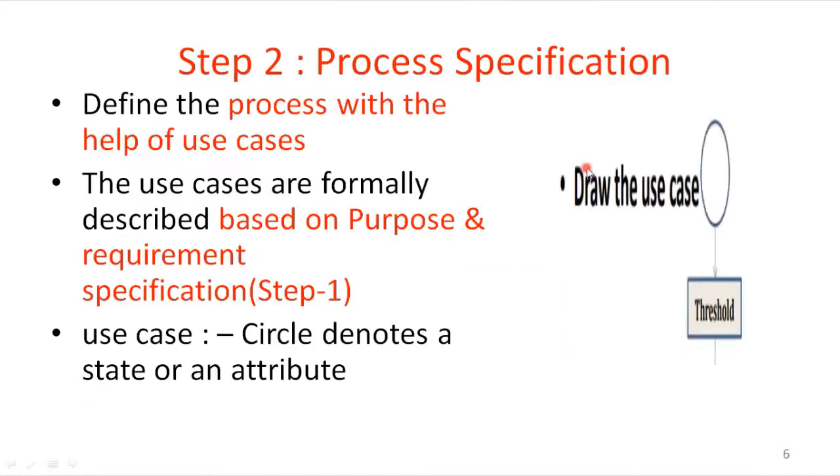The use cases are represented as a circle. The circle denotes the state or attribute. That means this is a way to define the process with the help of use cases. Here, these use cases are described based on purpose and specification.